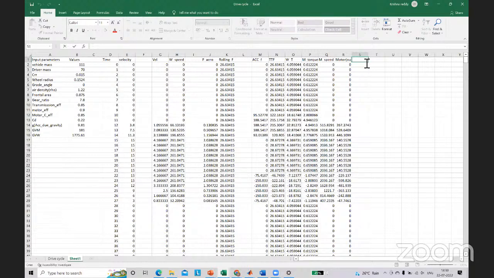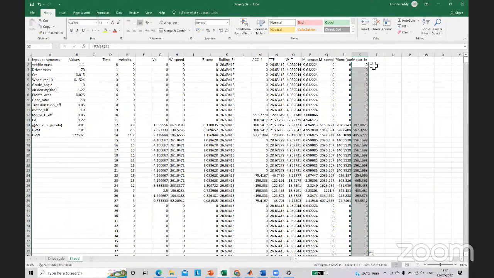And then motor input power. I just need to take motor output power divided by motor efficiency. Bring out the dollar symbol, and enter.